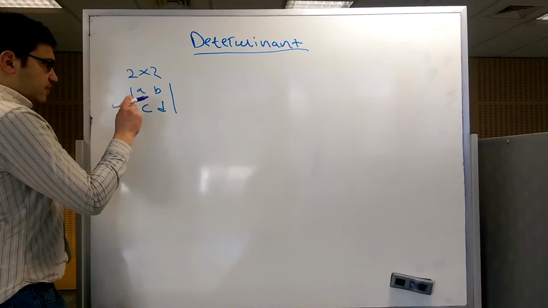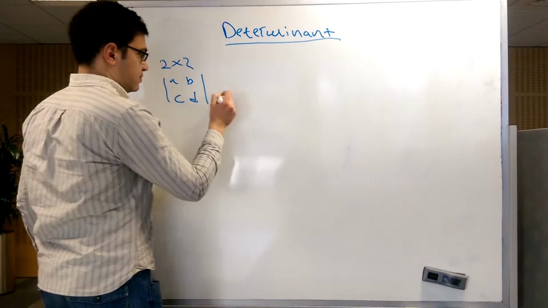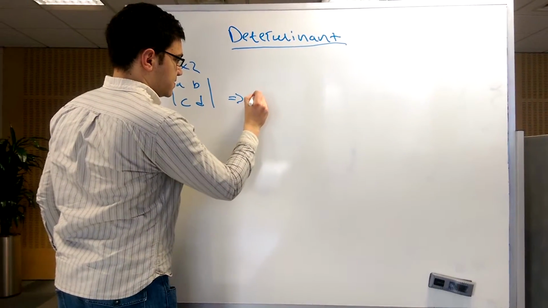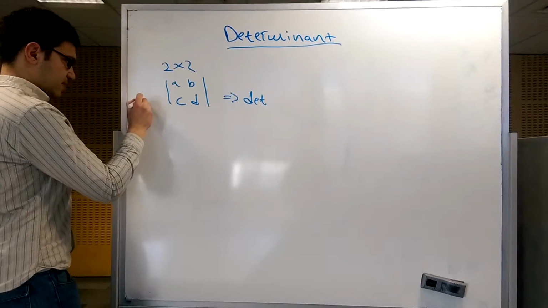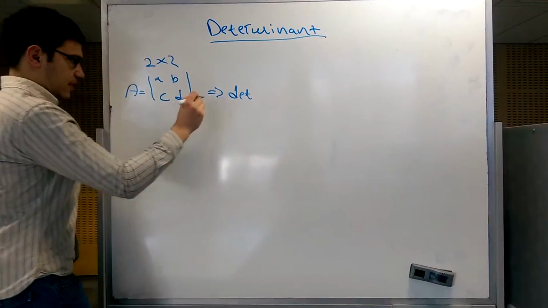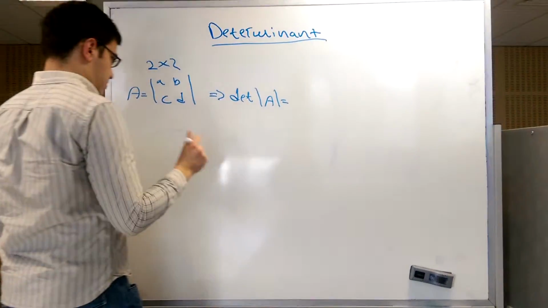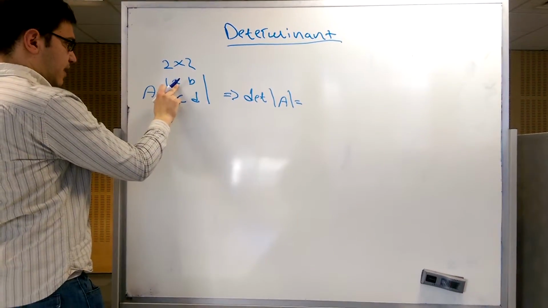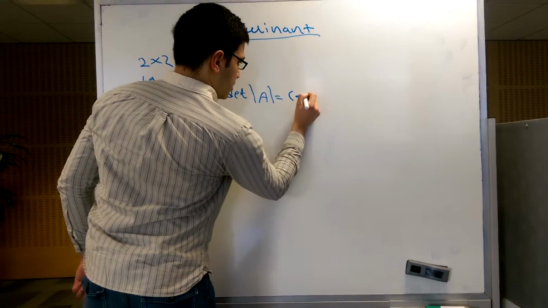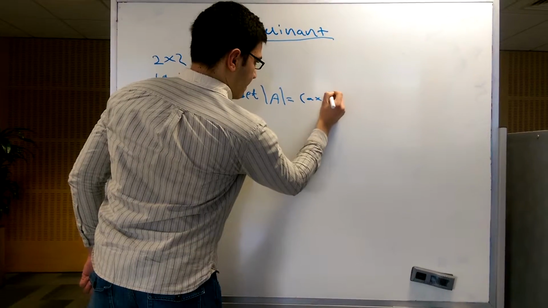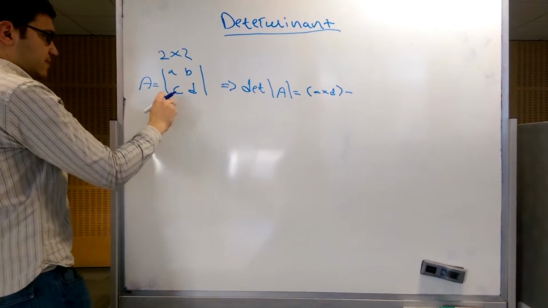So the determinant of a 2 by 2 matrix, denoted by det and the name of the matrix, so the determinant of A, is A times D minus B times C.